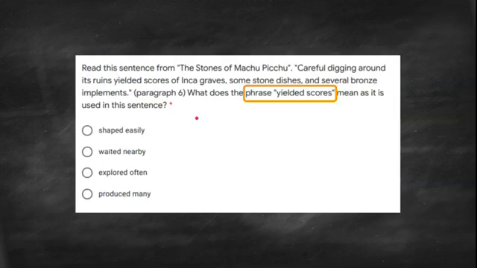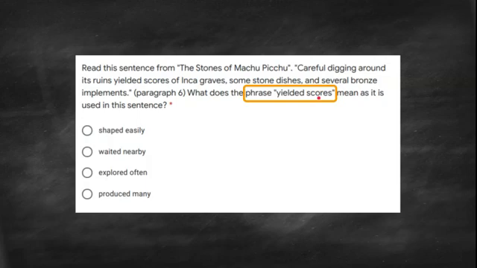Now, number 3 is asking us to figure out another phrase. What does the phrase "yielded scores" mean as it's used in this sentence? So you really got to put it in the context of the sentence, because you could look at this and think, okay, yield is like a yield sign, so you kind of have to slow down, and a score is what you score in a game.